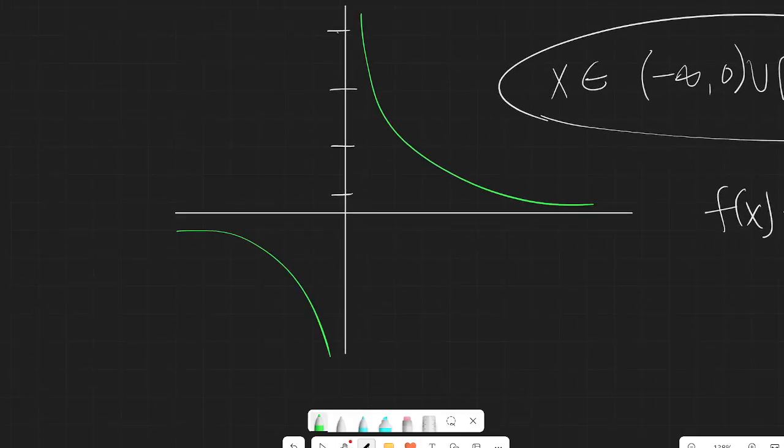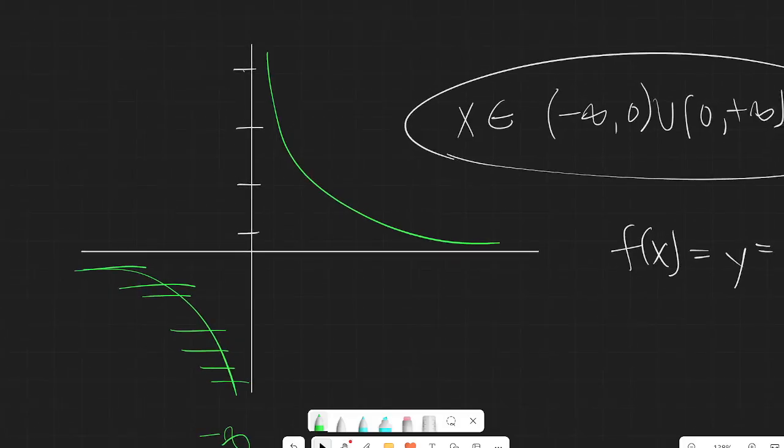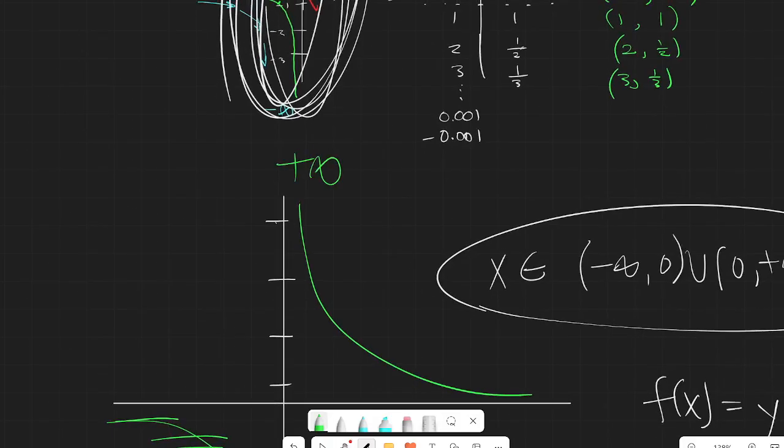It turns out we can see that from negative infinity, it's defined pretty well by this part of the curve. Similarly, if we start from the top, it's all defined, right?